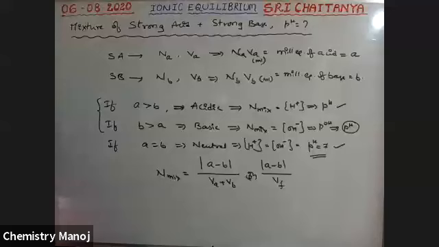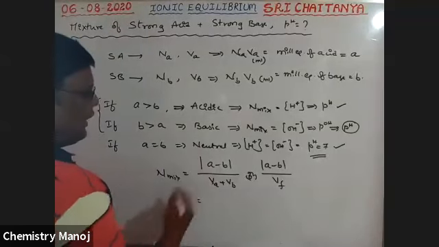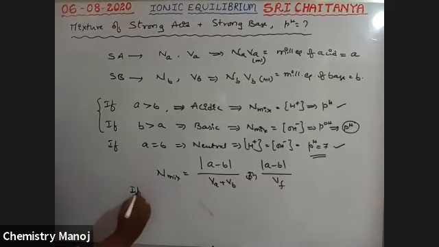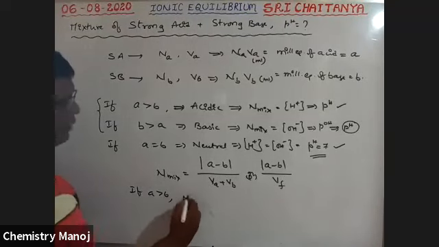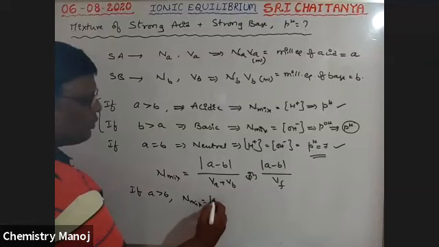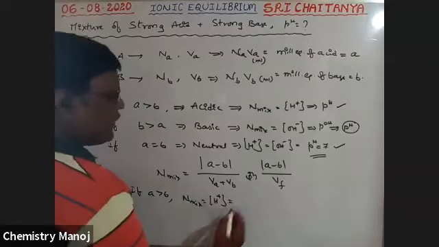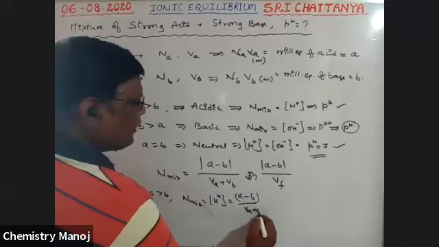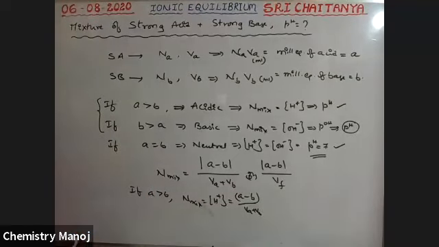Or otherwise, if A is greater than B, N mixed is equal to H plus ion concentration, which is equal to A minus B by Va plus Vb.